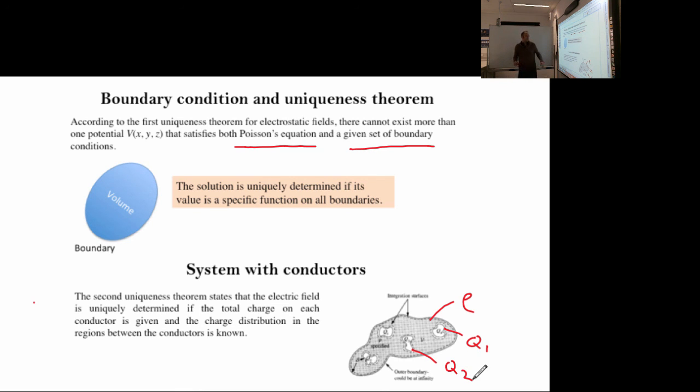The second uniqueness theorem states that the electric field can be determined if we know the total charge on each of the conductors that surround this region, and the charge distribution in the region between the conductors must also be known. So these are two conditions that we're going to come across as we move through the next couple of lectures.